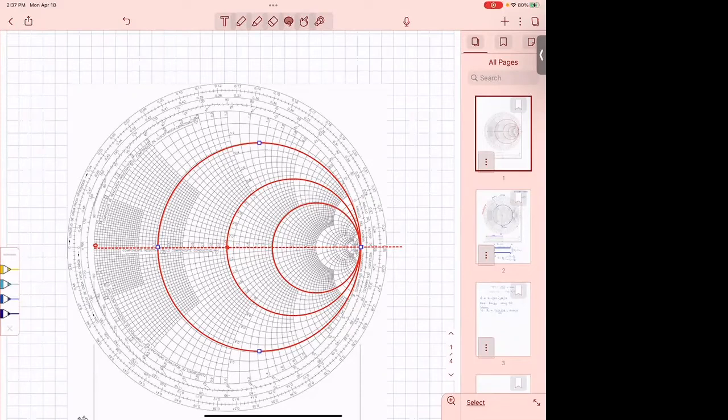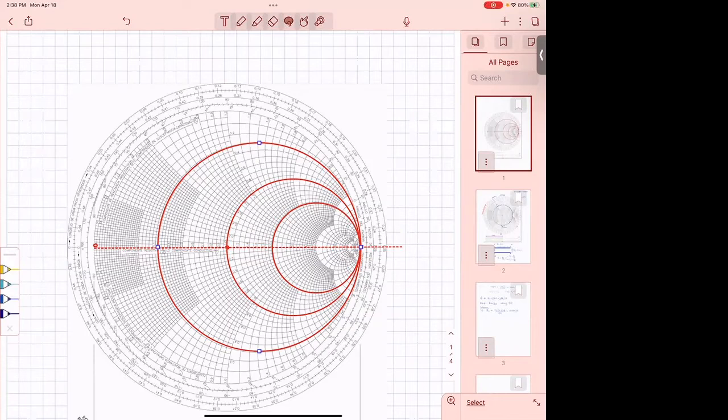So every one of these circles has one of these values, which means that every point on this circle is a load. Every point is an input impedance. It could be a load, it could be an input impedance somewhere in your line. So it has a real and an imaginary part. All of the points on the perimeter of each circle have the same resistive value.